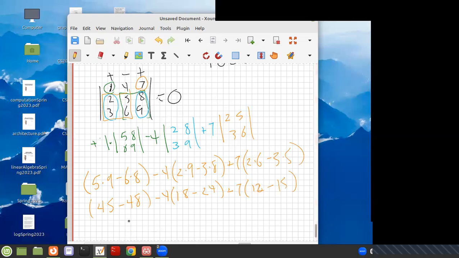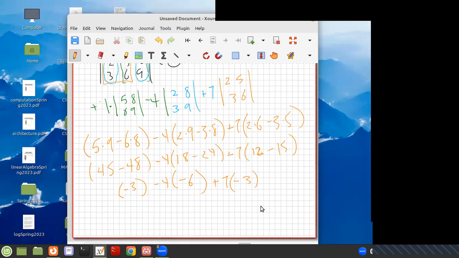So this should be minus 3, minus 4 times minus 6, plus 7 times minus 3. And so this is going to be minus 3 plus 24 minus 21, which equals 0, because 24 minus 21 minus 3 is 0.